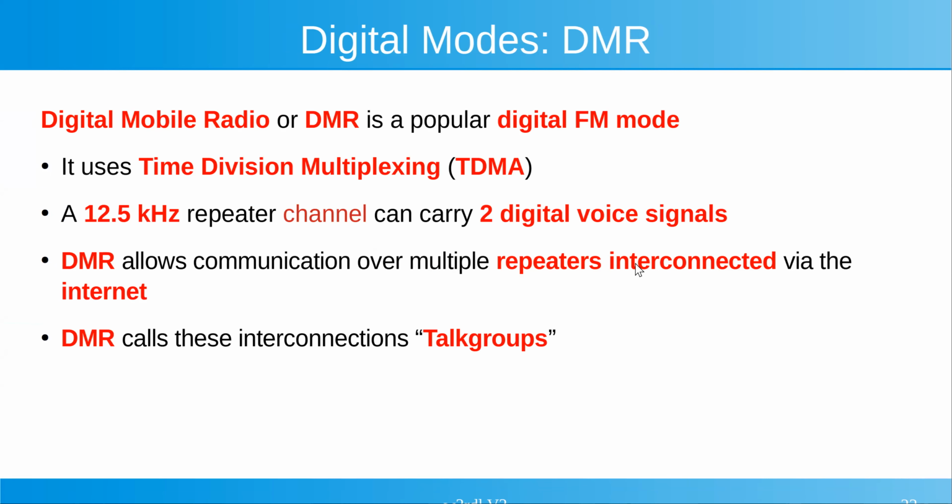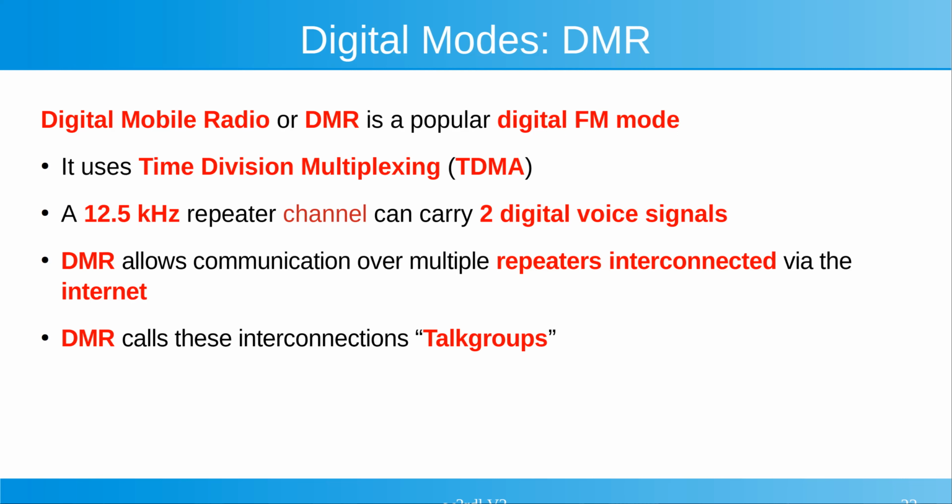Okay, another digital mode, and this is digital voice, which is different than the other ones, which are sending binary data or keyboard data. There's actually 3 popular ones. There's DMR, there's D-Star, and there's Fusion.